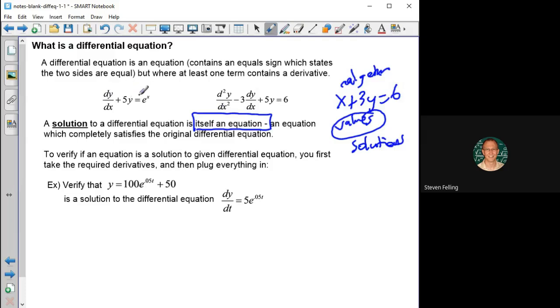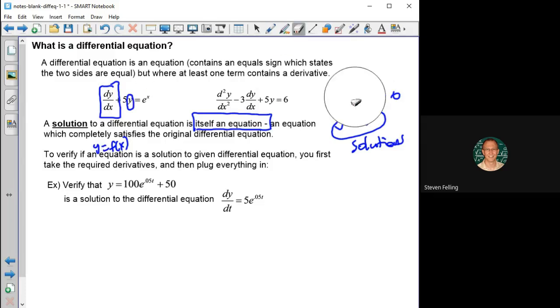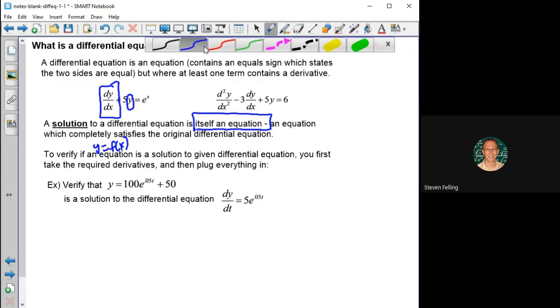For example, if you wanted to verify whether a particular equation was true, where you had y equals some function of x, then you could take the derivative of that function and plug it in here, and then plug the original f of x in here and verify that the left side equaled the right side. So the big difference between differential equations and regular equations is that the solution is not values of the variables, it's an equation. The solution is itself an equation.